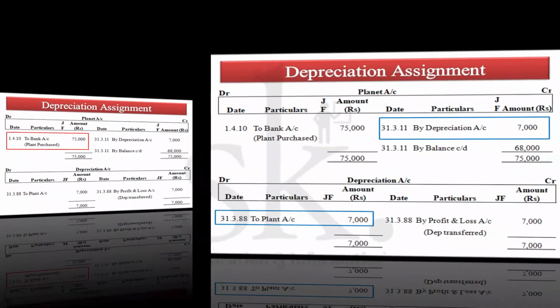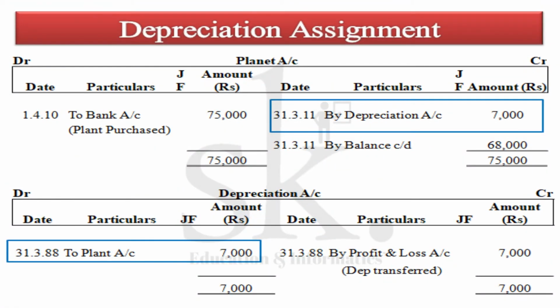Step 2 is that we know this asset will be used for the next 4 years. So after completion of the first year, that is from 1/4/2010 to 31st of March 2011, we need to calculate depreciation, and we have already calculated depreciation as an amount of rupees 7,000. So the journal entry will be depreciation account debit to plant account.